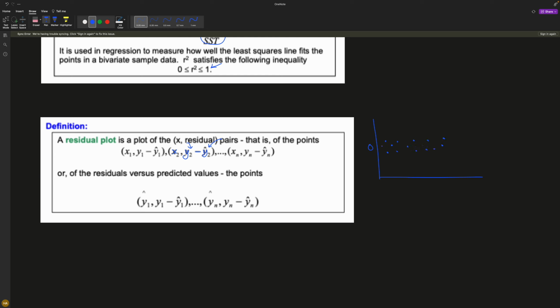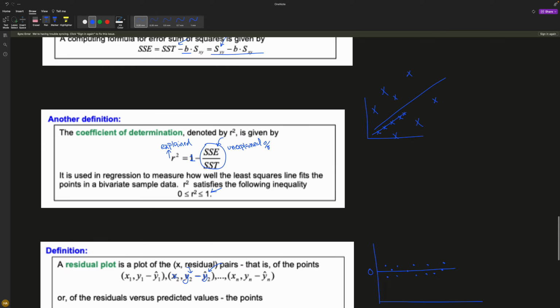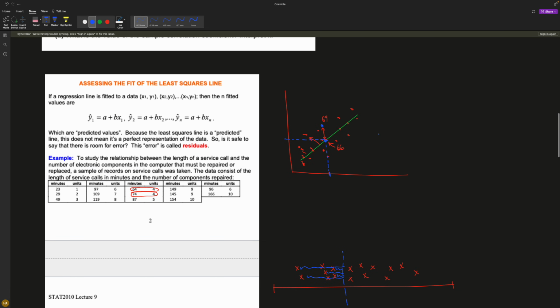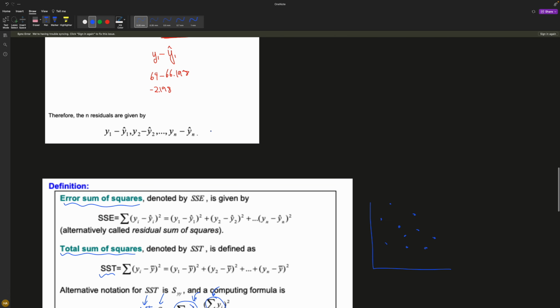What you want is for the points to sit around 0. That's what you're trying to aim for, because if the points are far from 0, it means you have a lot of errors. This is basically what we're doing up here, except it's graphed, so you can visualize your errors.